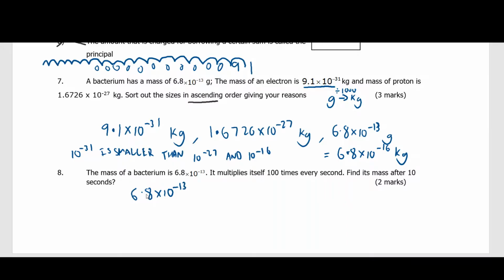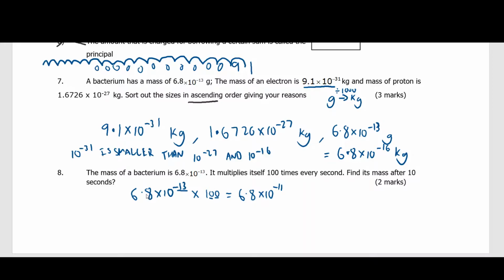So after 1 second, we're going to times it by 100. When we times the number by 100, the index goes up. So we're going to have 6.8 times 10 to the negative 12, negative 11. For every one of these zeros, it goes up by 1, so negative 11 there.